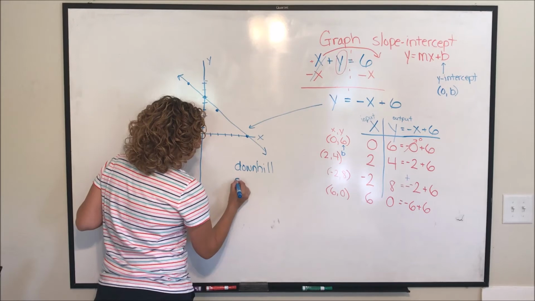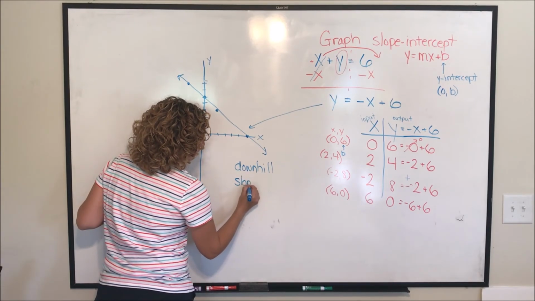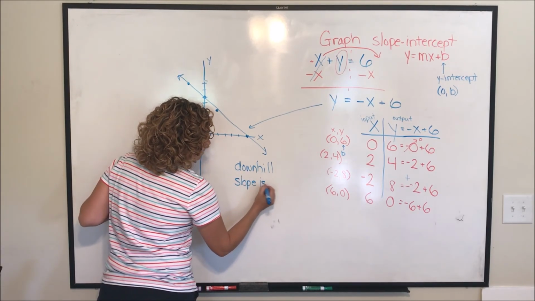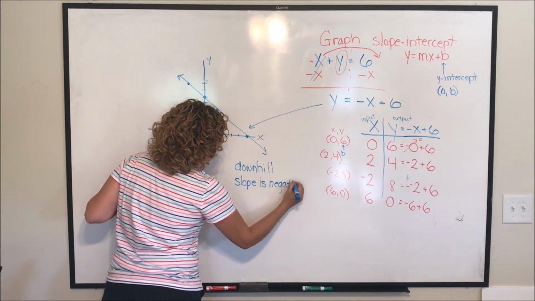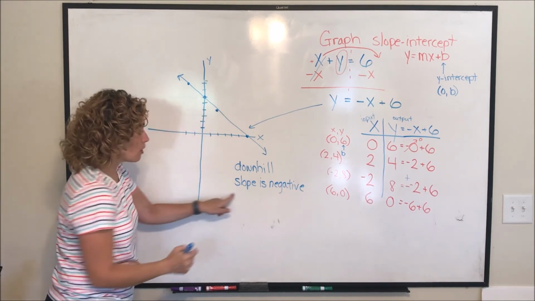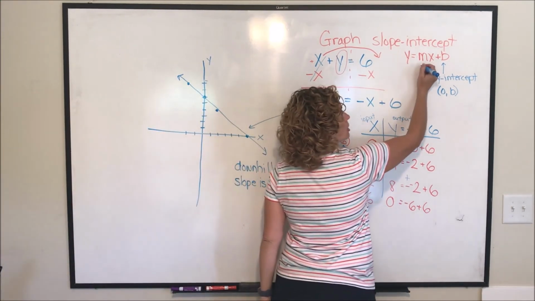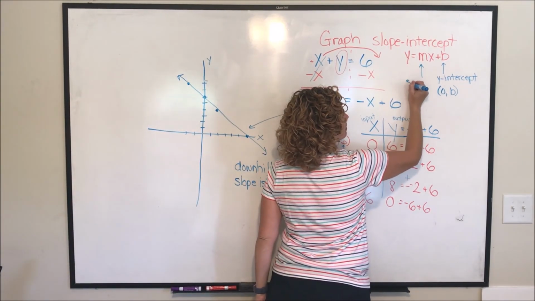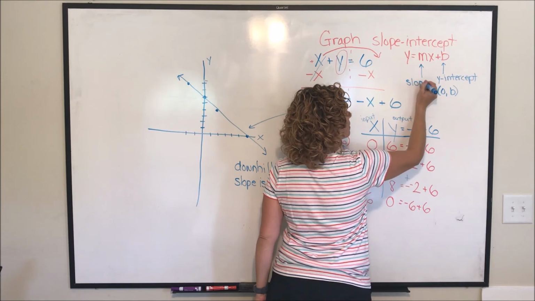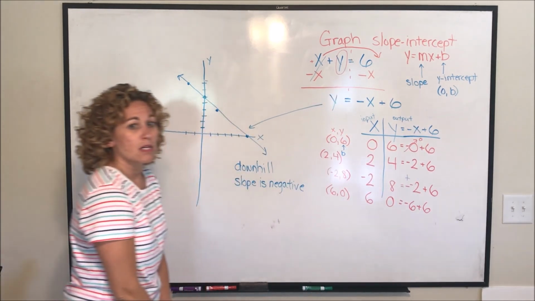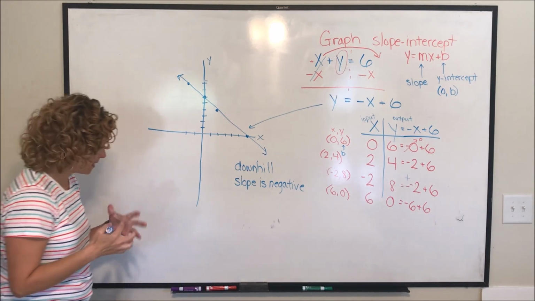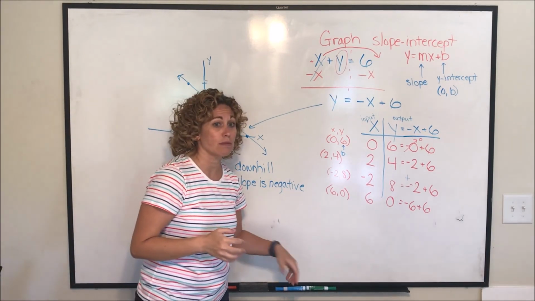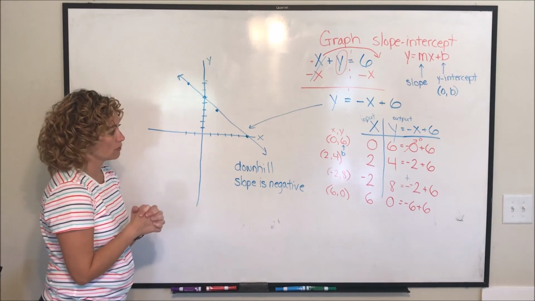So that tells me my slope is negative. Your slope in this equation is the m. Okay? So we want to begin to look at those things and see how they fit together so that we can use them as we get farther along.